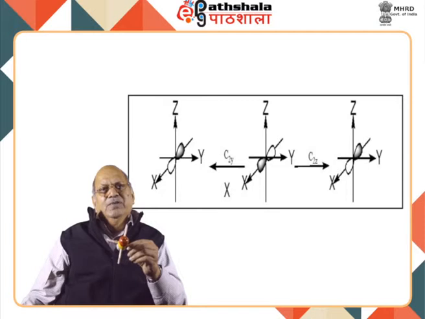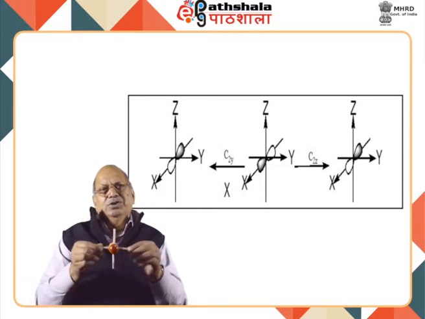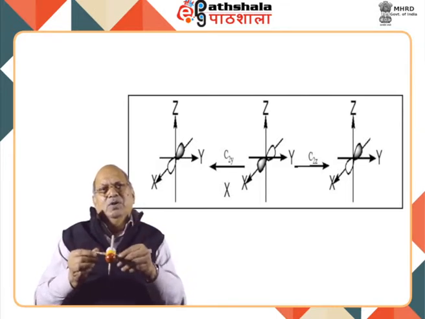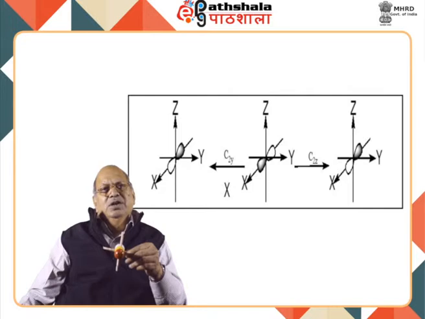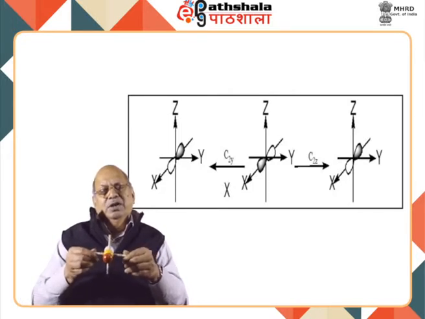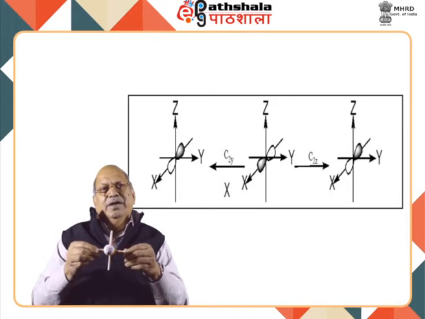Now what happens if I take C2y operation? This is my C2x operation and C2z is this. Let us perform these two operations as shown. If I take C2y and perform, it will go like this. Positive lobe goes into the negative lobe and negative lobe goes into the positive. So this is called -1 effect.